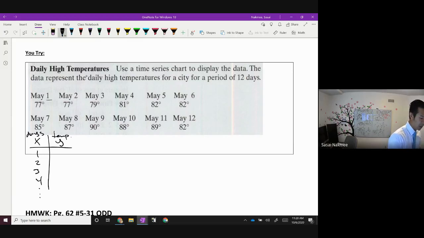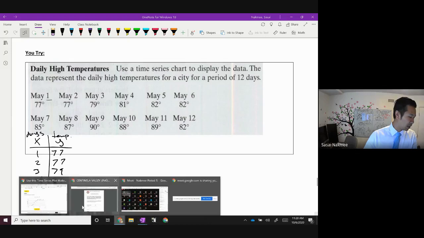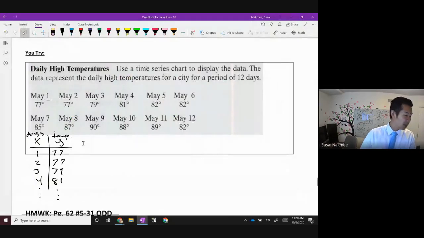So day 1 was 77 degrees, day 2 was 77, day 3 was 79, and day 4 was 81. I would type these into that site, and then have it graph it for me. So the x value in this particular example would be the time, in days instead of years, and the y variable would be temperature. And then that's it. You hit graph it, and it'll graph this for you.